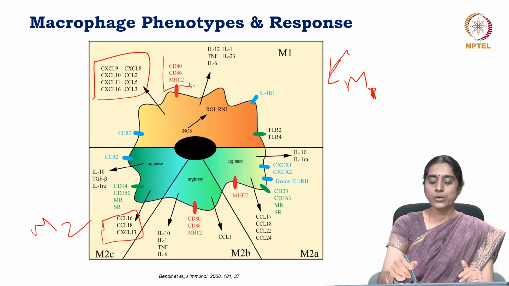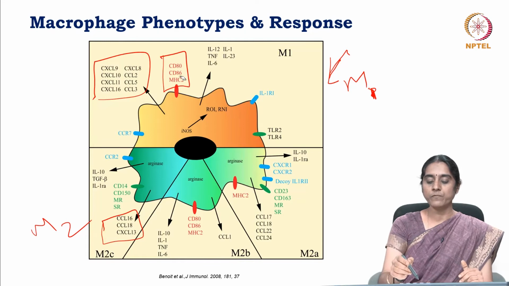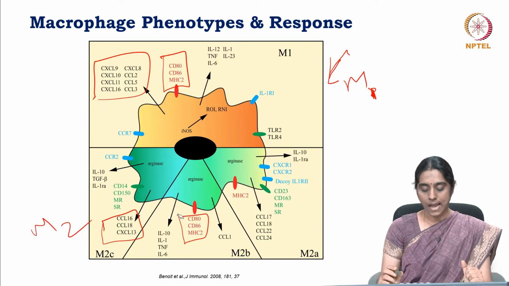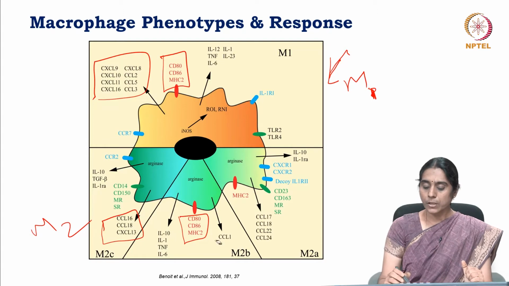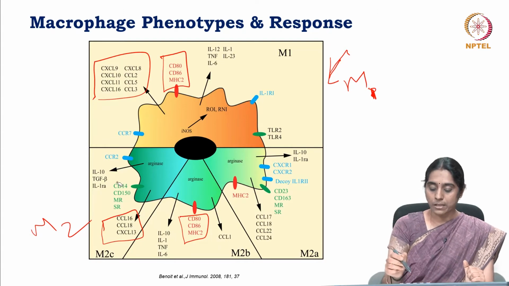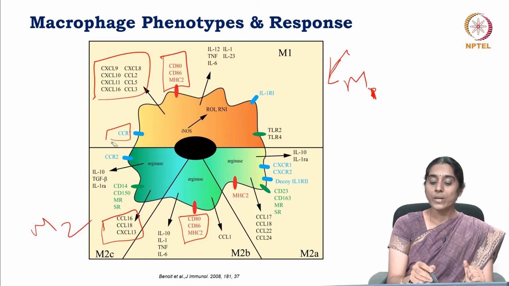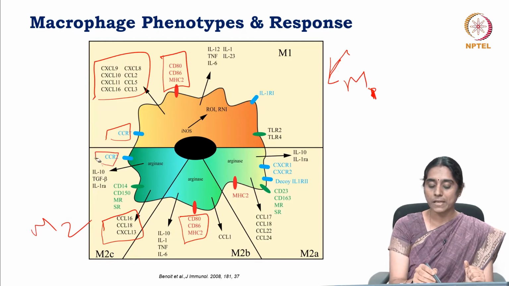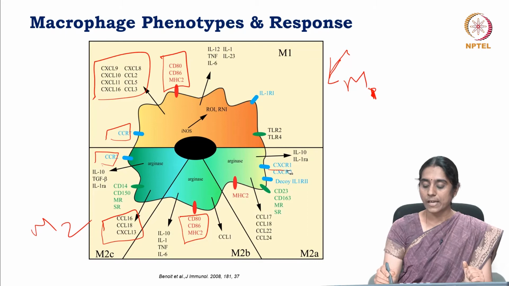Similarly, the phenotypic markers for M1 are CD80, CD86 and MHC2. Here also it is CD80, CD86 and MHC2. However, there is a difference in the expression of chemokine receptors. You will have high CXCR7 expression in M1, while in M2 it will be CCR2, CXCR1 and CXCR2.